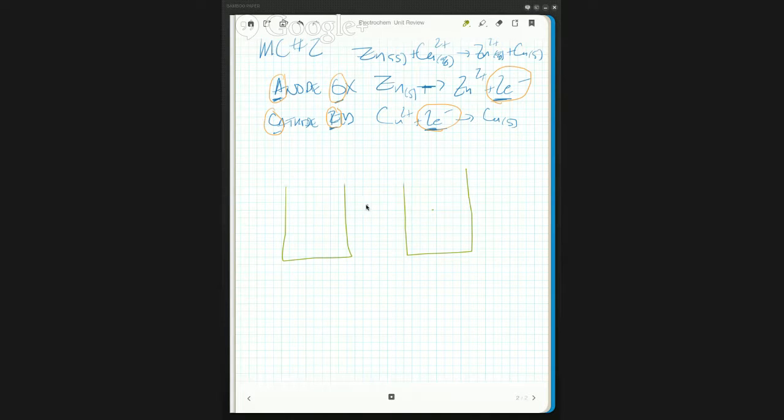Okay, so there's probably a salt bridge here. And then there is a plate here. And maybe since this is the anode, this is zinc.